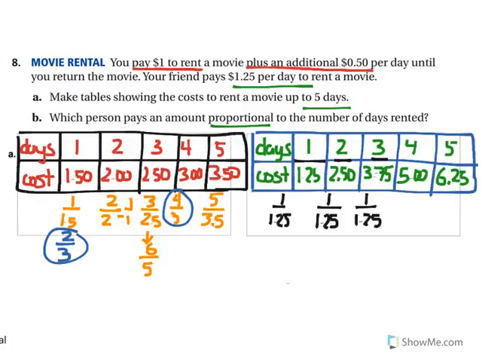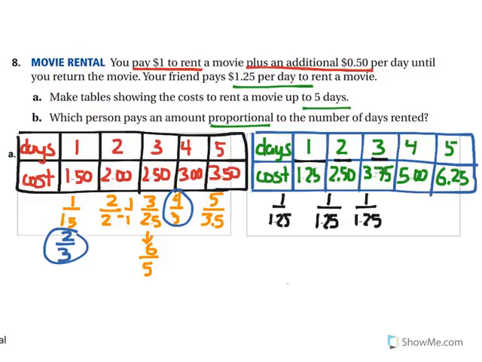And so for here, we want to decide, is this proportional? Well, yeah, it is. For every day that increases, the cost increases $1.25. And so if I subtract 1 from the first day and go to 0, and I subtract 1.25 from the cost below it of 1.25, I'm at 0, 0.